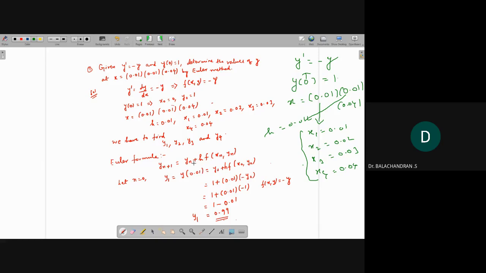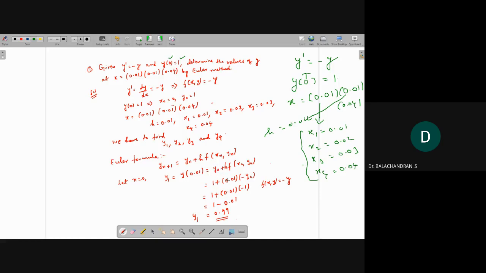That is equal to y0 plus h into f of x0 comma y0. y0 is given in the question. y0 is 1 and x0 is 0.